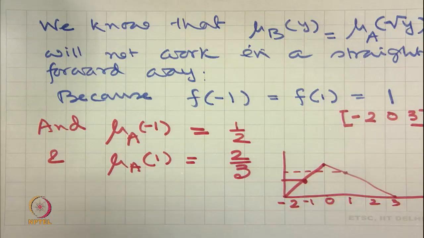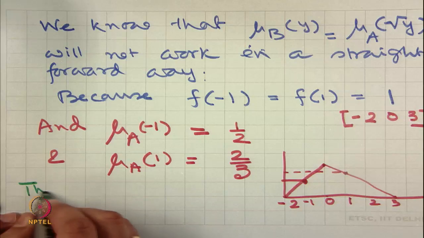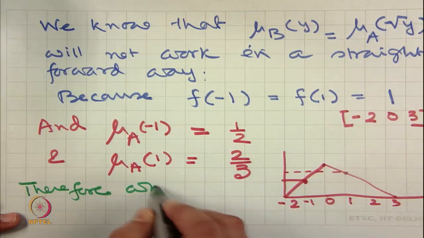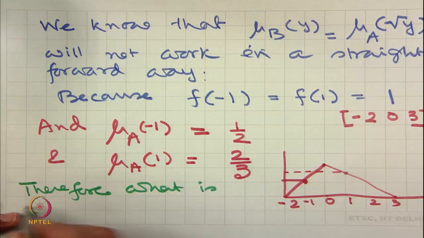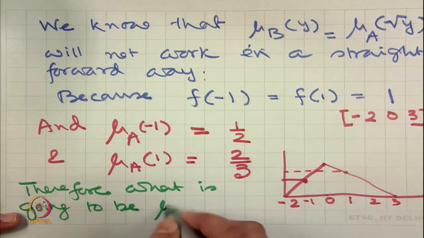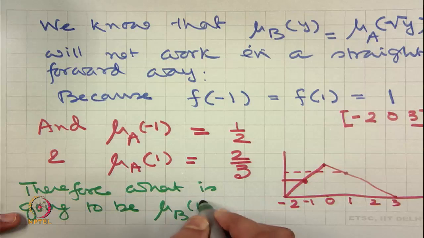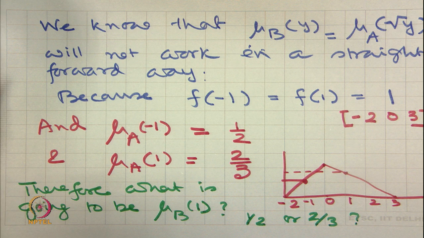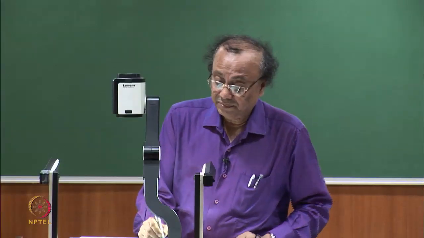Therefore, what is going to be mu b of 1? It is half or 2 by 3. That is the question.